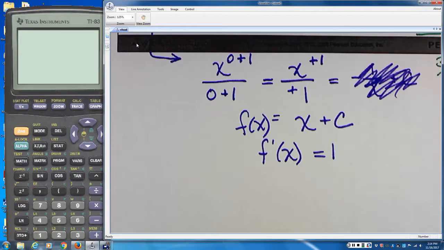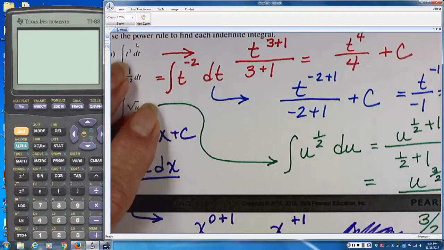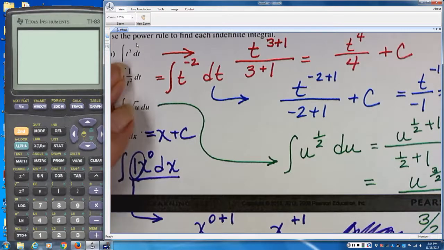That's the good thing about integration, is that you can differentiate the answer and see if you get back to what you started with. So for example, when we had the integral of t to the third was t to the fourth over 4.